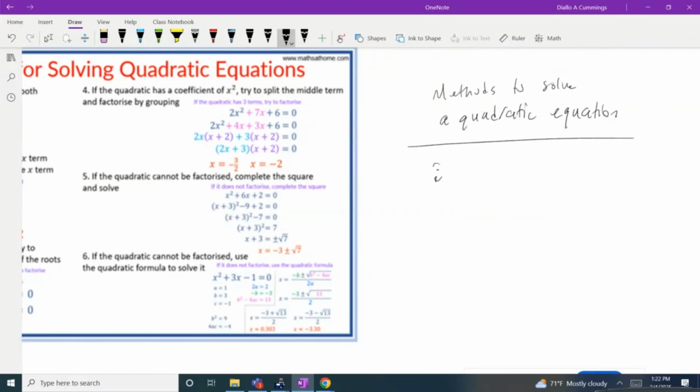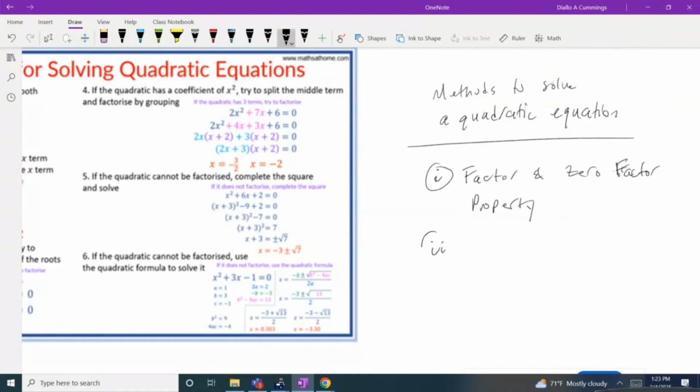The first method is factor and zero factor property. Right, so that's one method, is to factor it and use a zero factor property.